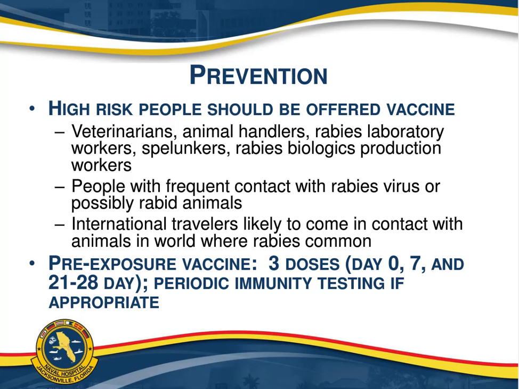So if you're, and we'll talk about this book I read about Ebola, and if you're going to go looking for Ebola or be in areas where there might be these diseases, you probably should get a vaccine. So pre-exposure vaccine, 3 doses, day 0, 7, and 21 to 28 days. Periodic immunity testing if appropriate.